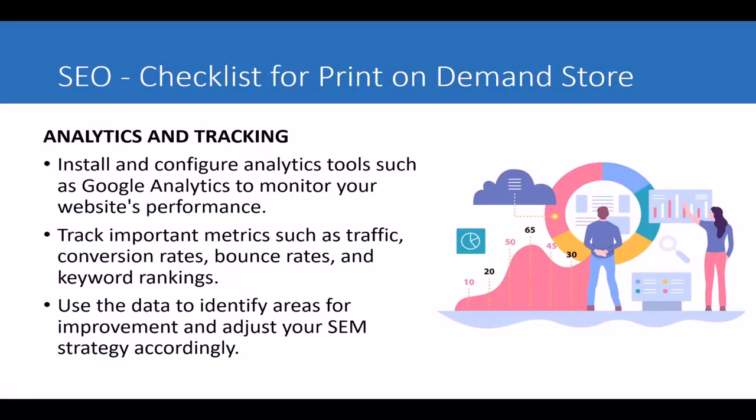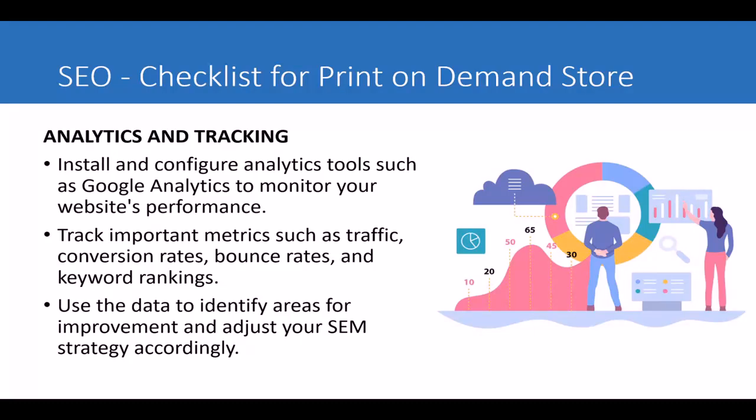Now, another thing you have to look out for is analytics and tracking. This is one way that you're going to know exactly how your website is doing in terms of traffic. So Google has a tool called Google Analytics that helps you to monitor your website's performance, such as traffic, conversion rates, bounce rates, keyword rankings. Now all these are metrics, and so many other metrics.